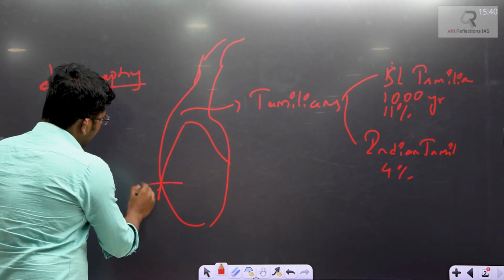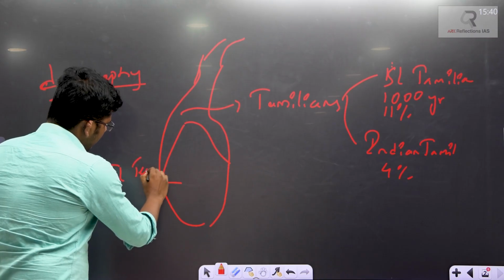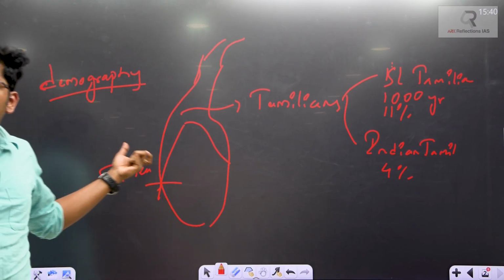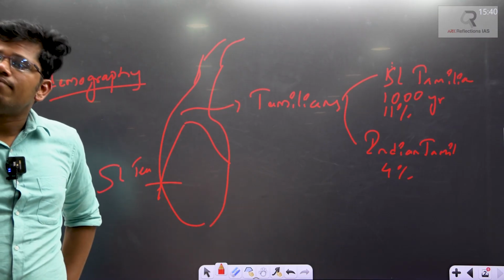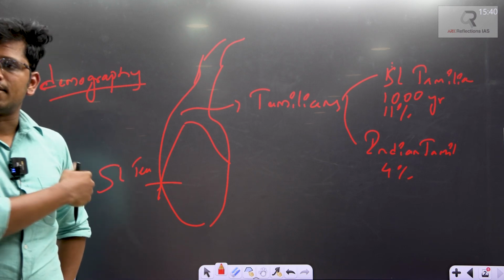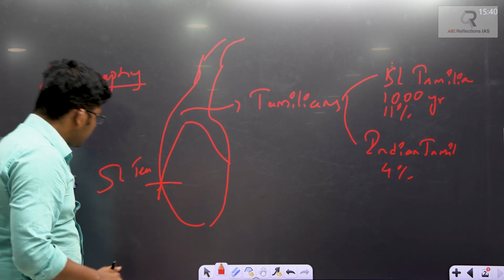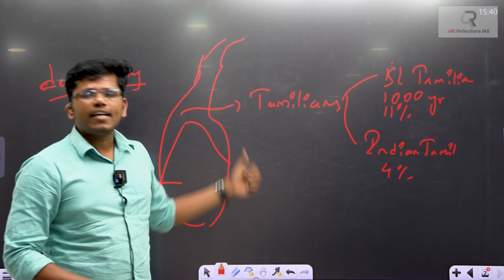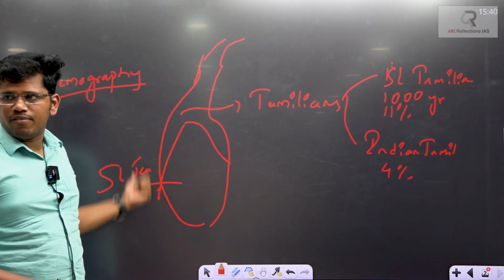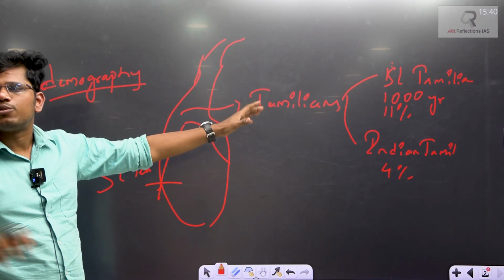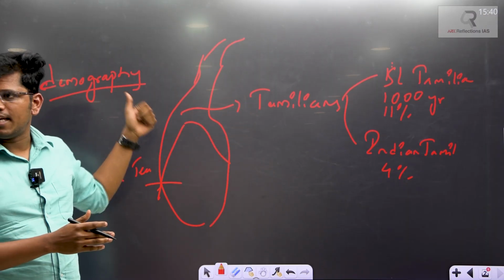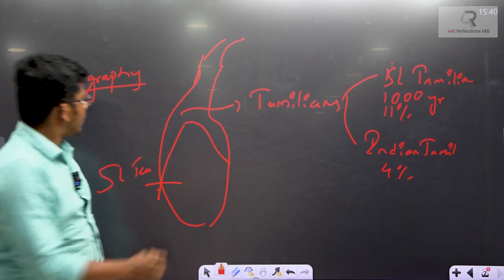The climate there is very ideal for tea plantation. So to work in the tea farms, the Britishers used to take Tamilians to Sri Lanka and they got settled there.